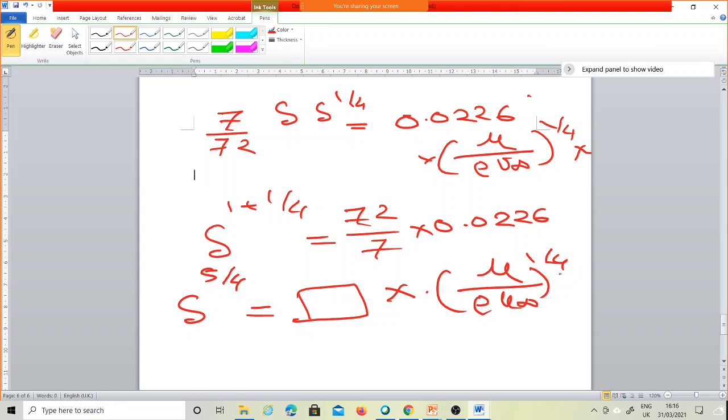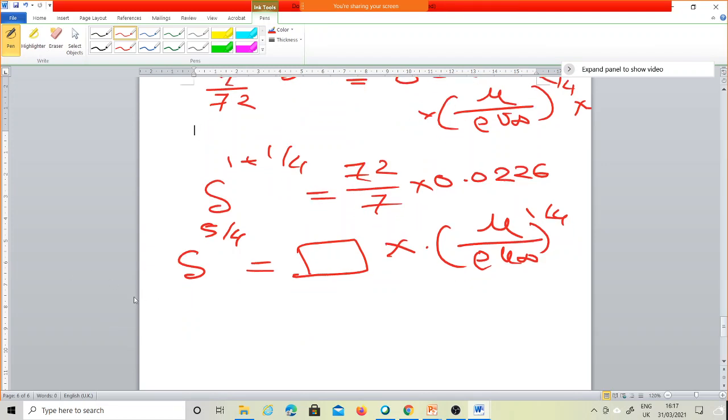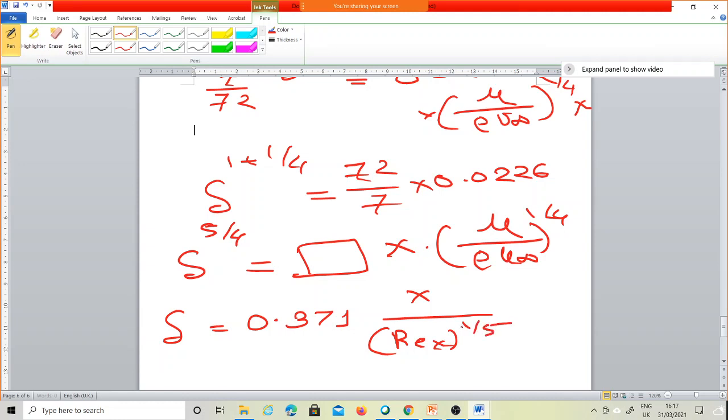So after you simplify the things, if you want to get the delta, you can find it out. The delta at last you will get is something like 0.371 x, and then this will be Re x to the power 1 by 5. Okay, you will get this.